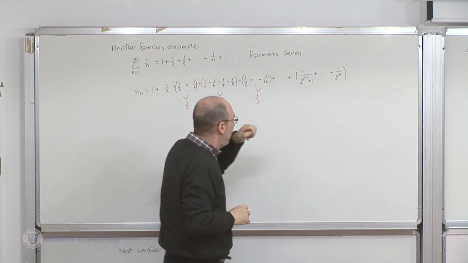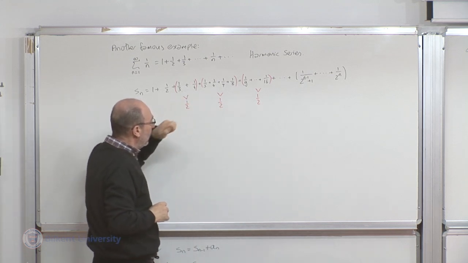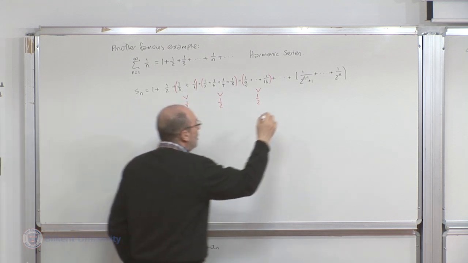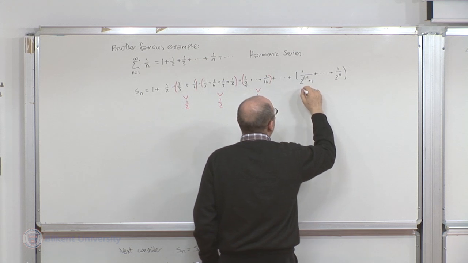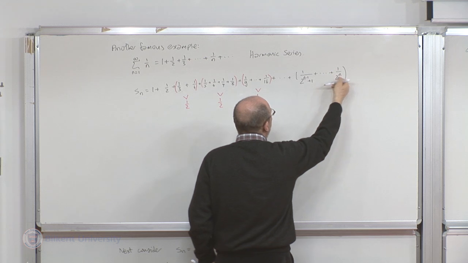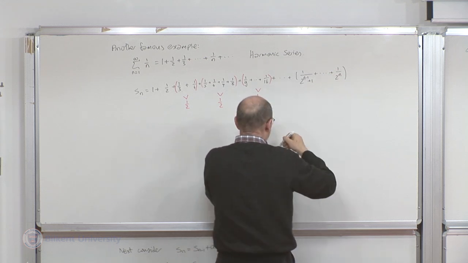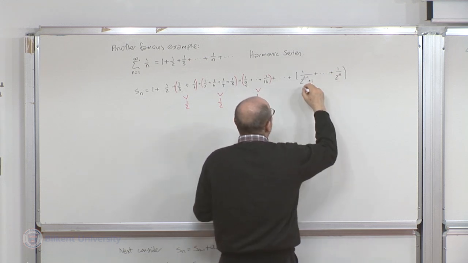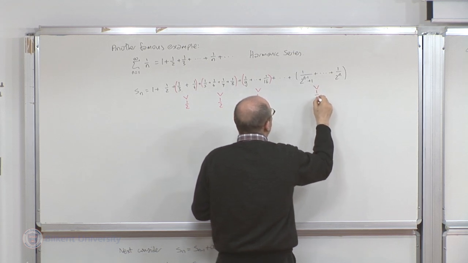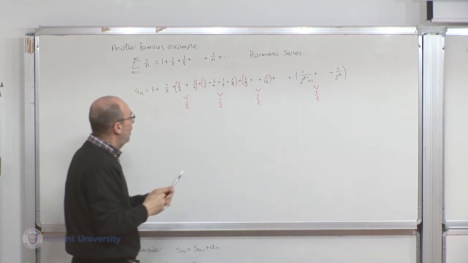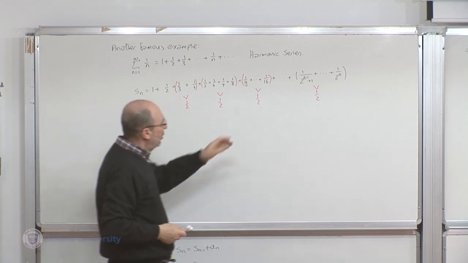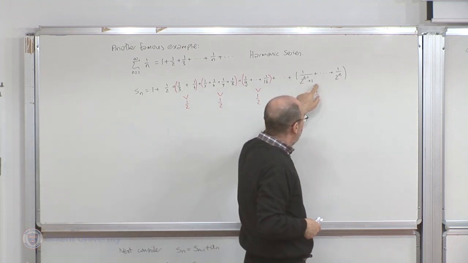Okay, and you have 2 to the n of these things. So this whole thing is 2 to the n minus 1 of these things. So how many of these? This whole thing is, again, larger than 1 over 2. Of course, these numbers are very large now.